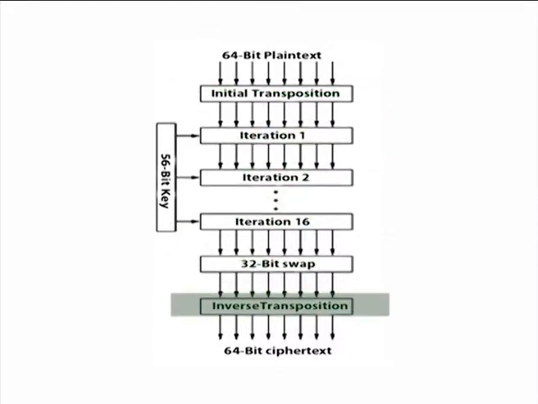The last stage is the exact inverse of this transposition. The stage prior to the last one swaps the leftmost 32 bits with the rightmost 32 bits. The remaining 16 stages are functionally identical but parameterized by different functions of the key.